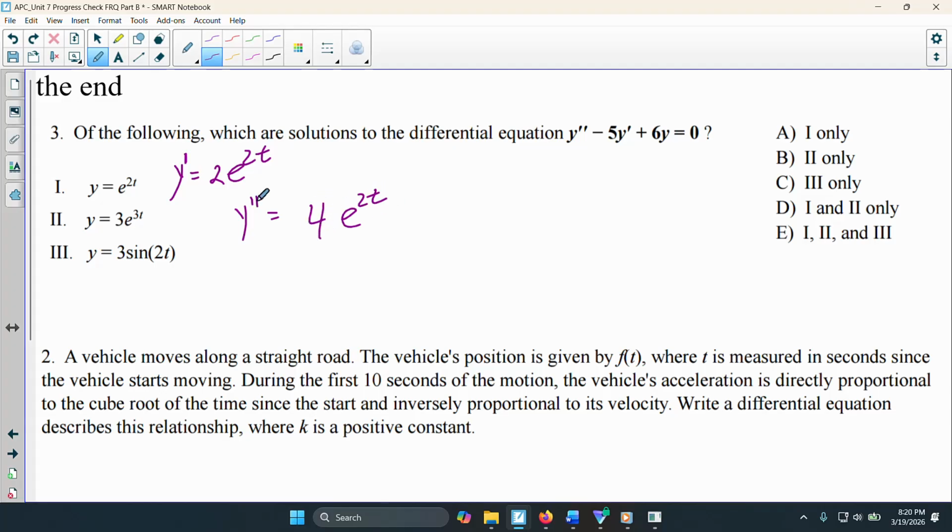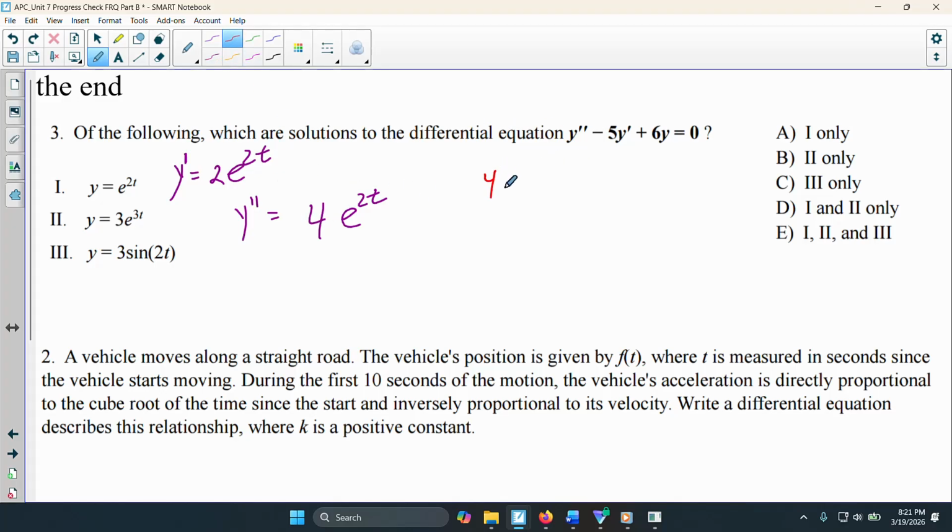Now we're going to plug things in here and see if this fits the differential equation. So the second derivative is this. Let me just do it.